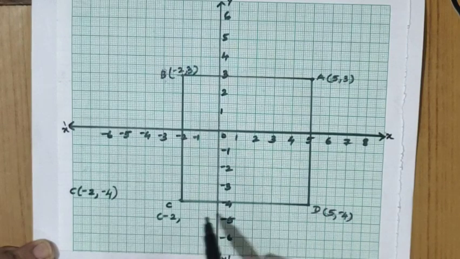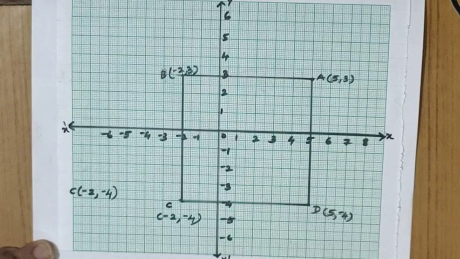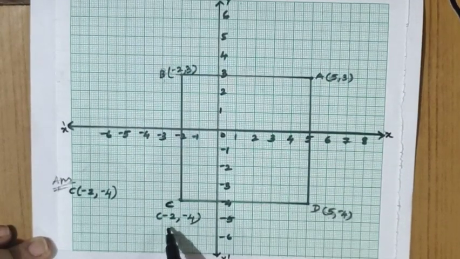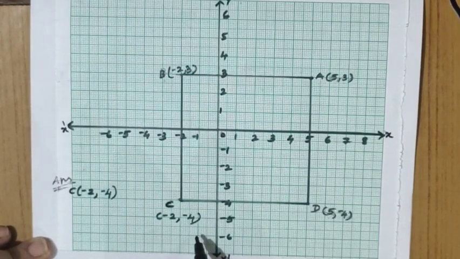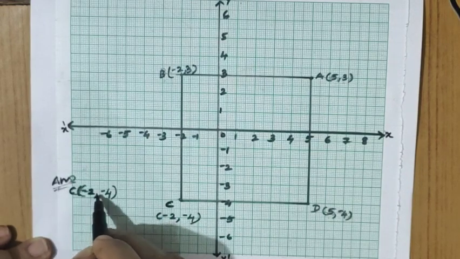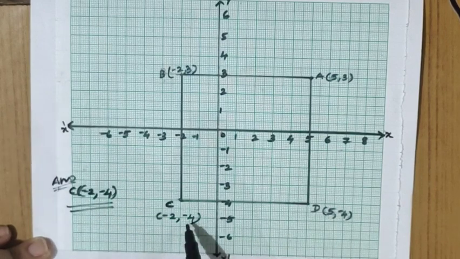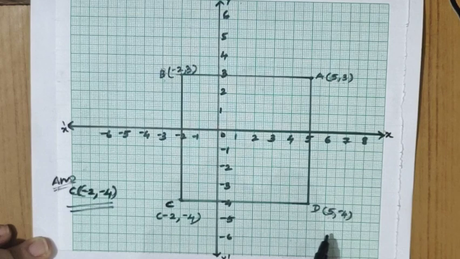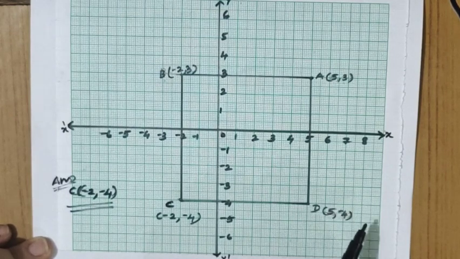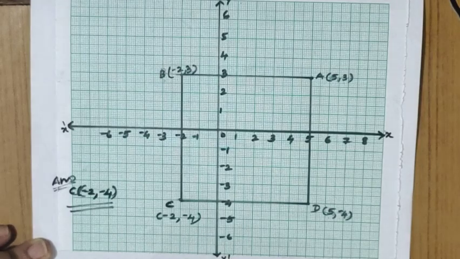So for C and D also, the y value is the same. So the coordinate of C is -2, -4. For finding the fourth vertex of this square, we have to use the properties of the square: all four sides are equal, and compare the abscissa as well as the ordinate of the respective lines. So our answer is -2, -4.